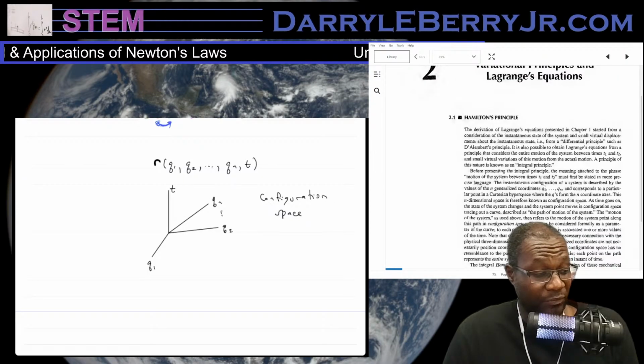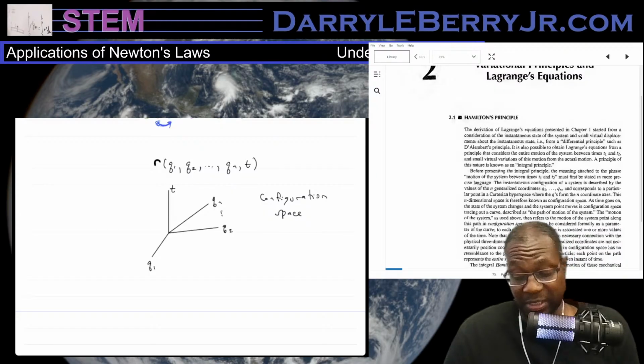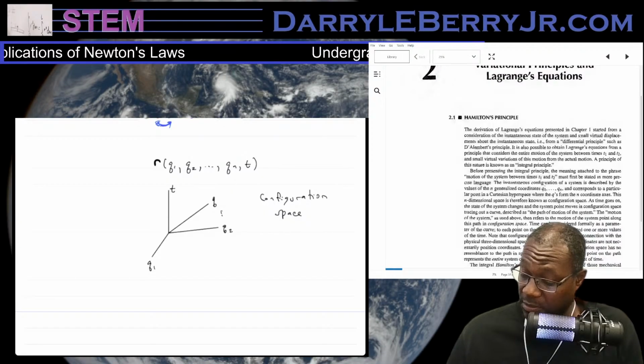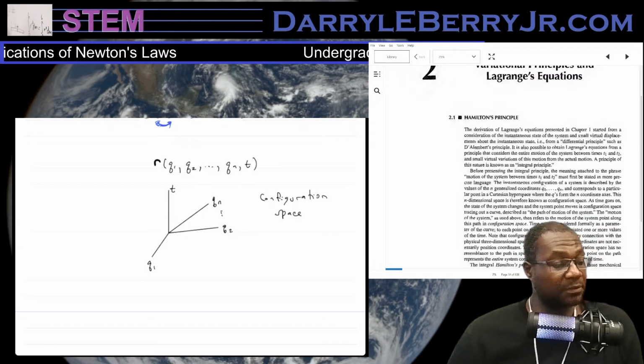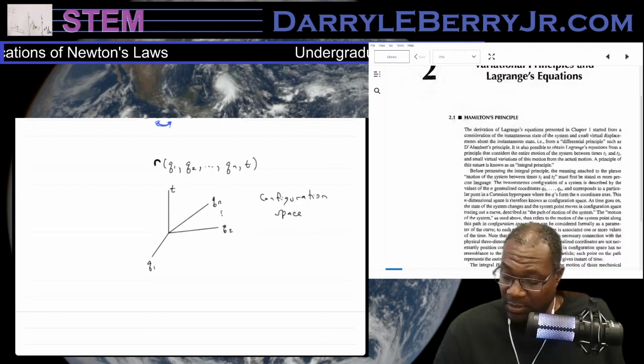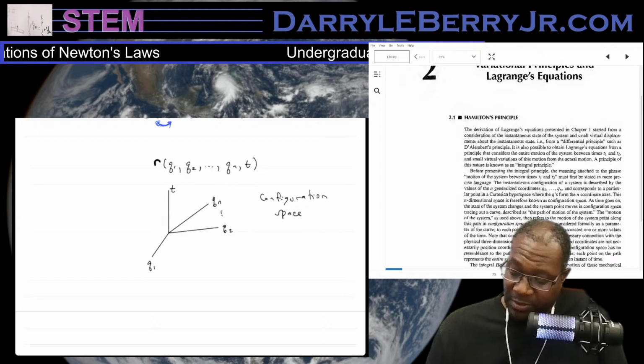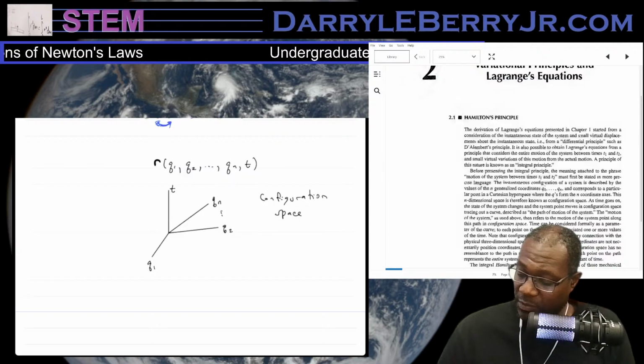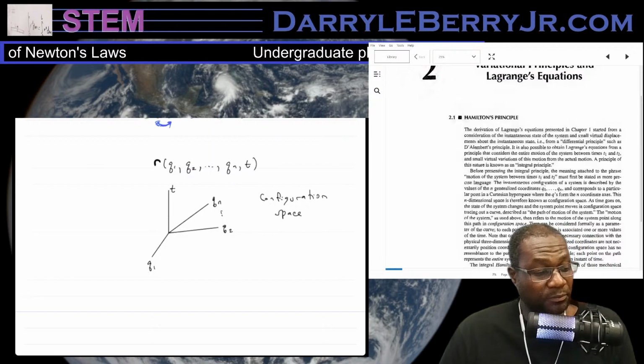Each point on the path represents the entire system's configuration at some given instant of time. All right, that seems very conceptually abstract, but it is not necessarily a space, but each point represents the configuration of the system at some point in time.